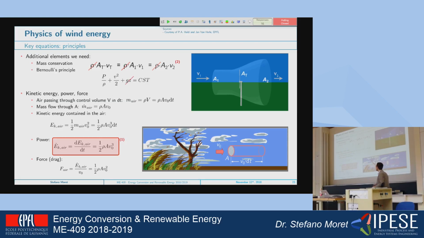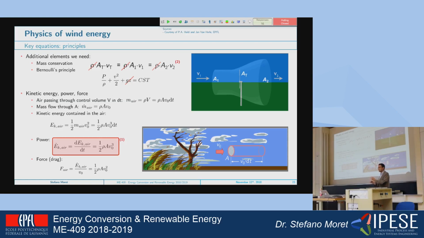The third equation that we need is the Bernoulli principle. So Bernoulli principle can be applied before and after the turbine, and it tells us that the sum of the pressure divided by the density plus the square of the velocity divided by 2 and the g times z, which is the potential energy due to the height difference, will be constant.